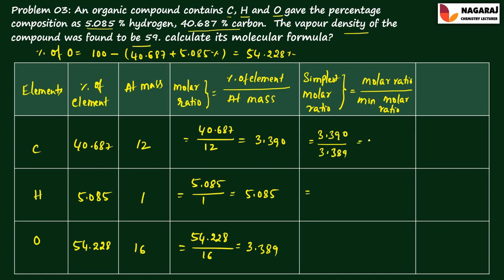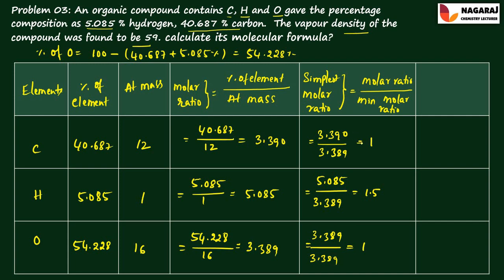So carbon, 3.390 divided by 3.389, is nearly equal to 1. Hydrogen, 5.085 divided by 3.389, is equal to 1.5. And oxygen, 3.389 divided by 3.389, is equal to 1.